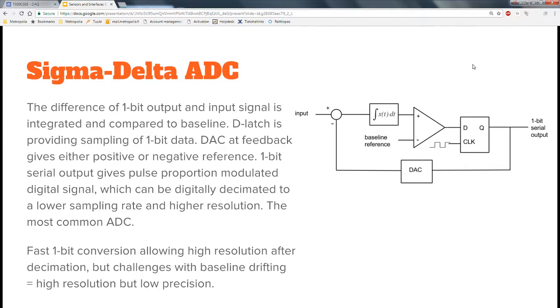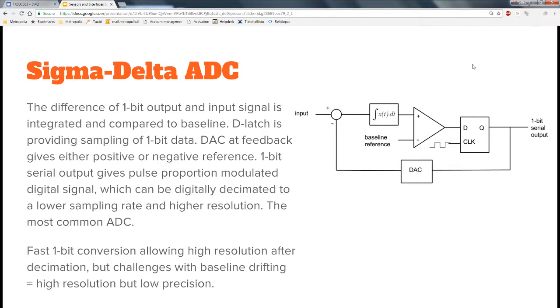So in principle, this gives a differential value: was the current signal higher or lower than the previous signal? Okay, that's the fundamental conversion. 1-bit serial conversion. Was it higher or lower than the previous? Okay, with a high enough sampling rate, this is enough. It starts following the input signal very closely.